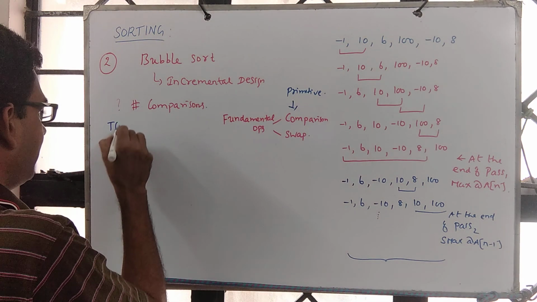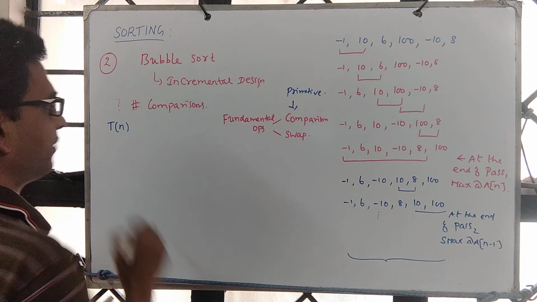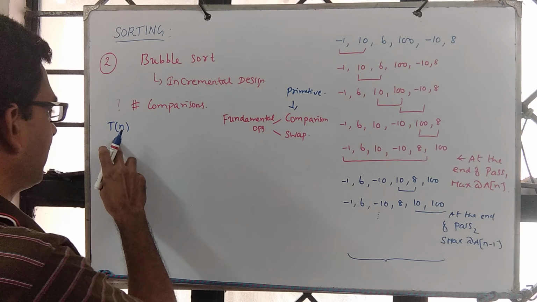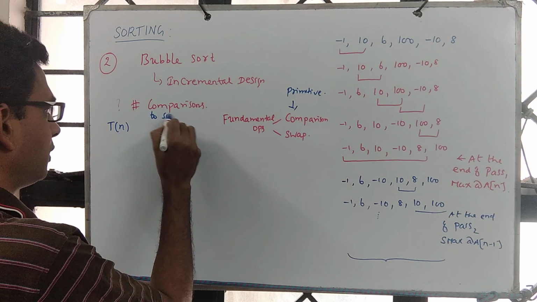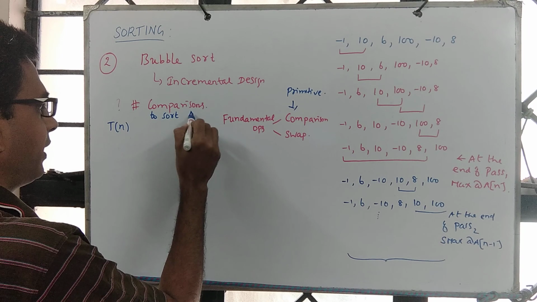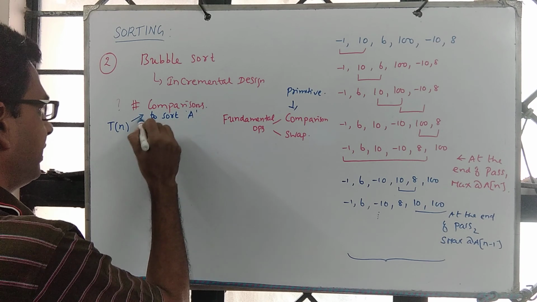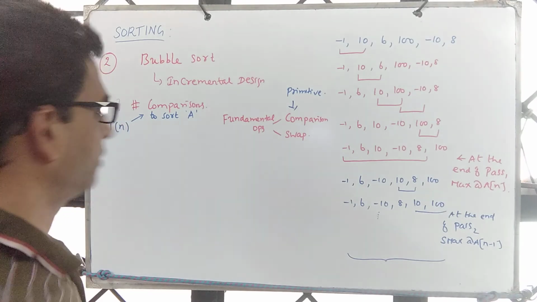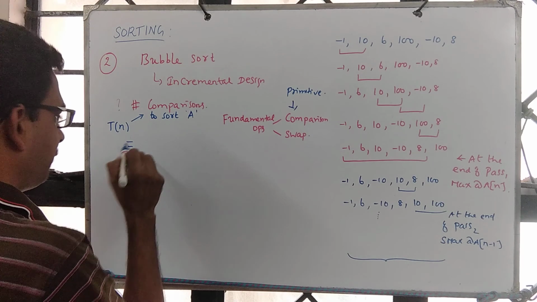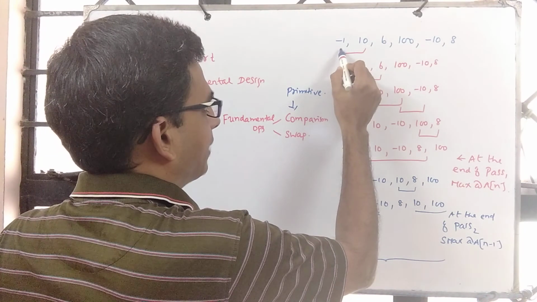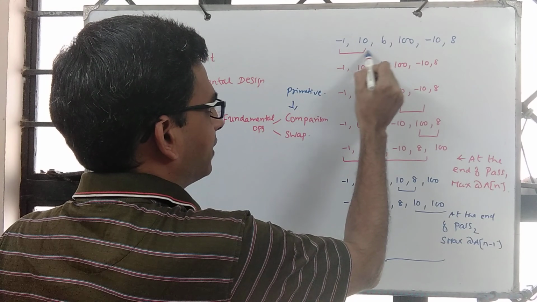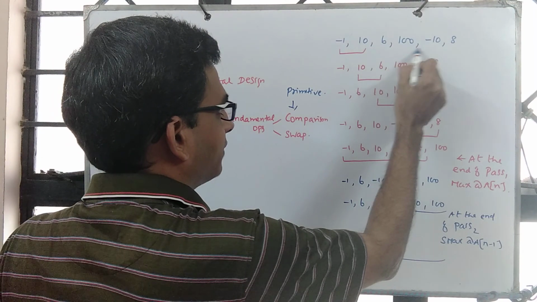So let T of n denote the number of comparisons to sort an array of size n. Now what is the value of this? We are comparing adjacent elements. We are comparing this, this, and this.